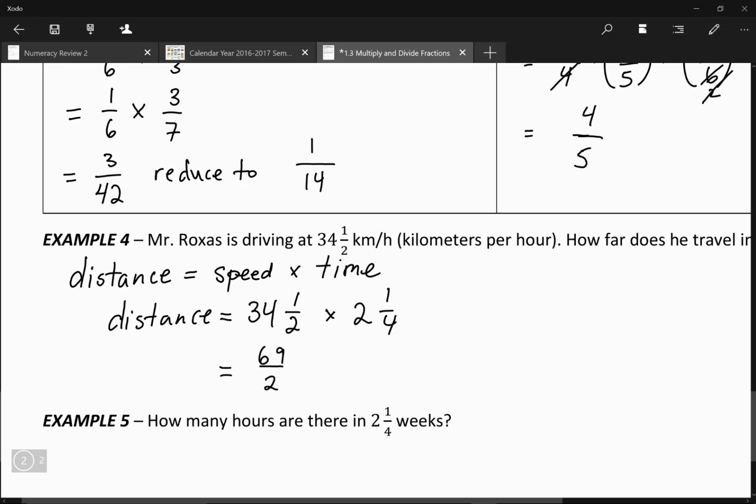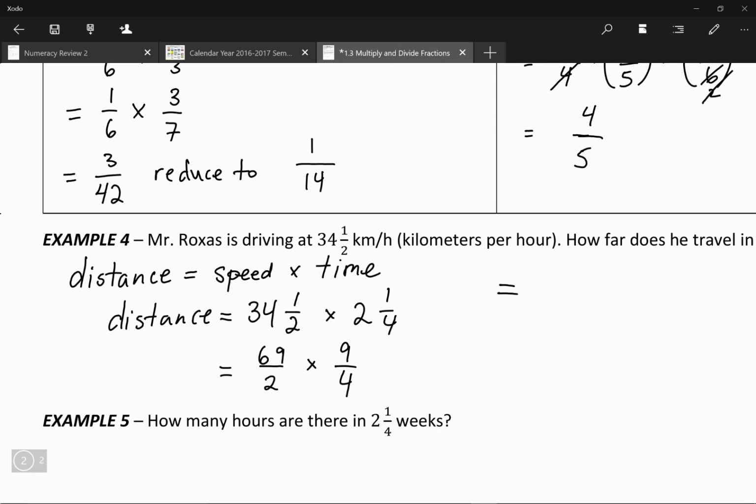Rewrite the denominator 2, multiply by 2 times 4 is 8, plus 1 is 9, over the same denominator 4. And when I multiply these two fractions, I'm going to get 69 times 9, and 2 times 4.